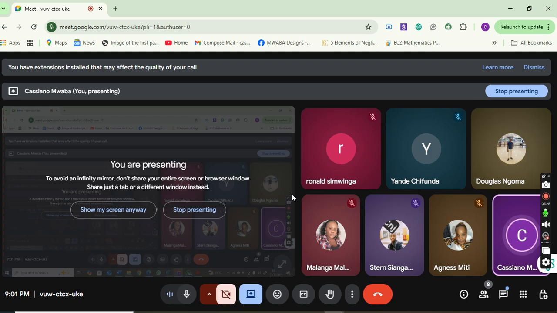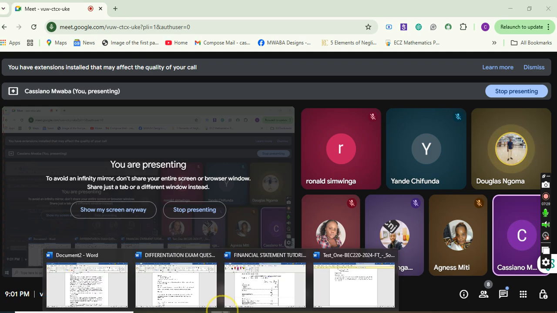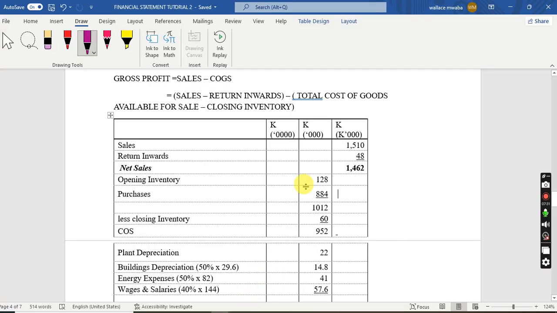Return outwards, yes. These are goods that are returned to suppliers. So do we subtract it from purchases or do we add it? I think that has to be added.